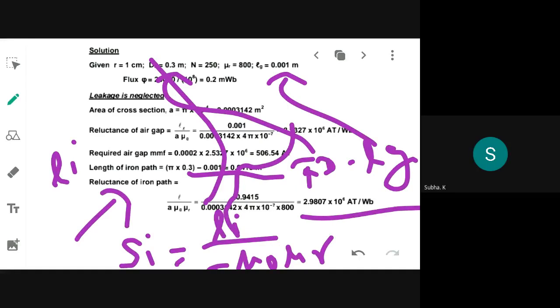Karthik. Present, ma'am. Ramcharan. Vaibhav. Present, ma'am. Rishi. Aryan. Aryan present. Rishi present, ma'am.